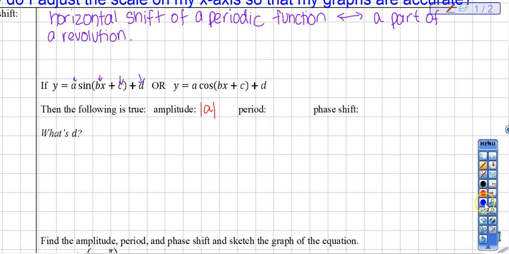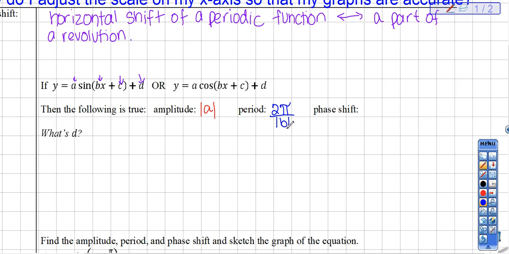So there's your amplitude, and your period is affected by your B term, okay? So your period of either function, sine or cosine, is typically 2 pi, but we have to divide that by the absolute value of B, regardless if it's positive or negative.